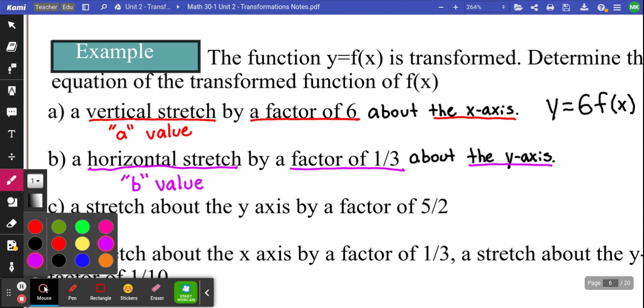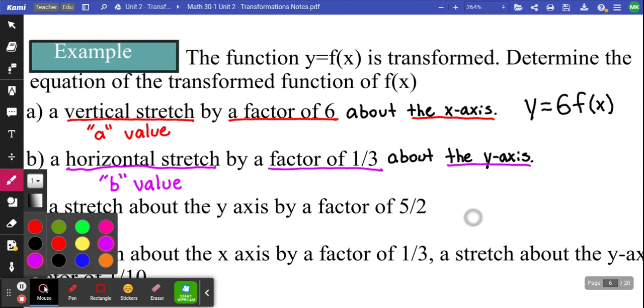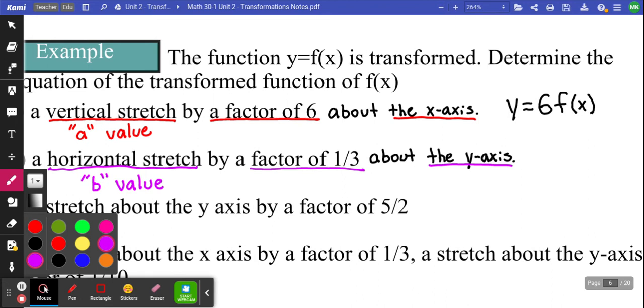So when you're talking horizontal stretches, if the factor was 1/3, that meant that the b value was actually 3. It was not 1/3. So my function notation looks like this. Y equals f of 3x.